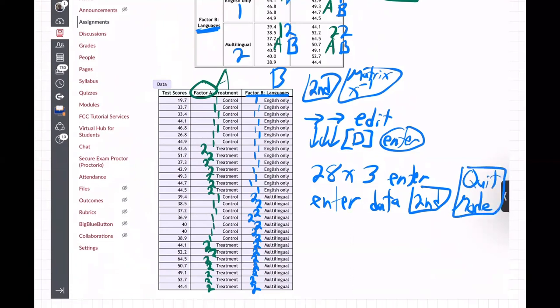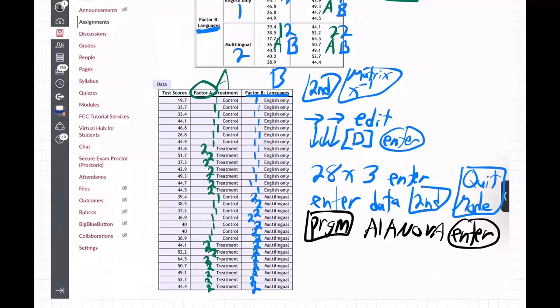Quit all that. And then we'll shift gears and you're going to hit program, PRGM, the program button. And you're going to choose the A1 ANOVA program and hit enter. After you hit enter on the A1 ANOVA program, it's going to ask you for something.